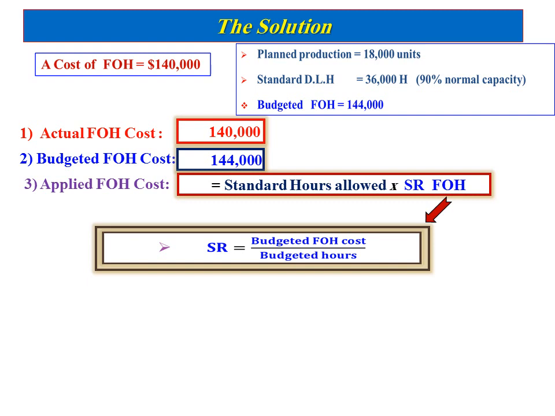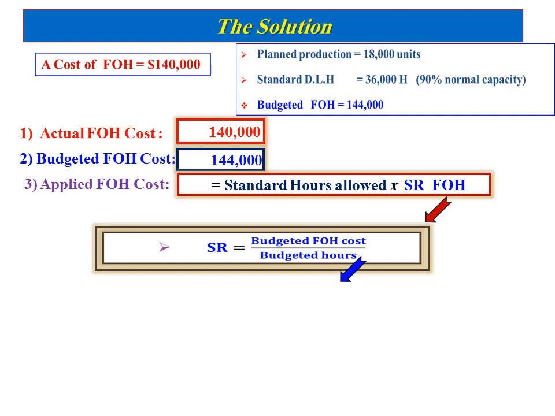So the variable is related to the activity level, but the fixed is the same regardless of the activity level. But I speak about relevant range of activity, okay? If you remember cost accounting. So your problem is not in variable but in fixed.